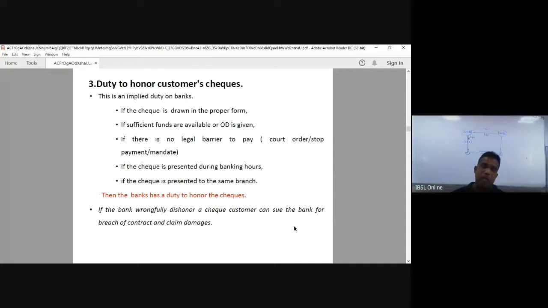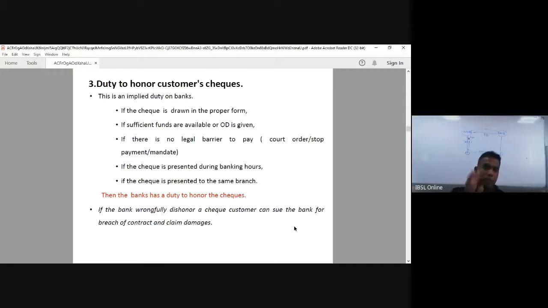So remember, if the check is presented after the working hours, the bank has no duty to honor the check. If it is presented to a different branch from where the account is maintained, then the bank has no duty to honor the check, but the bank can pay the check, not as a duty, but as an additional or extra service.